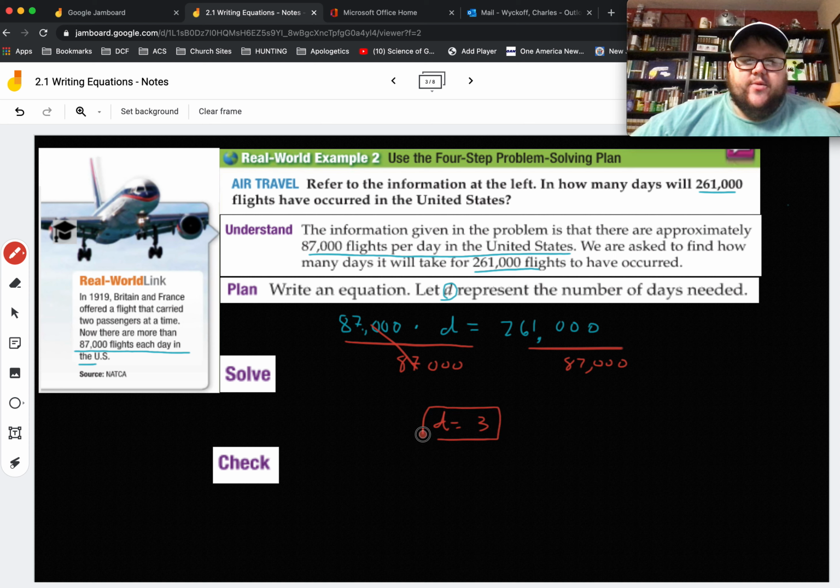So it would take 3 days to have that many flights. And if I was to check, I would just do 87,000 times 3. And 87,000 times 3 is 261,000. So it checks.